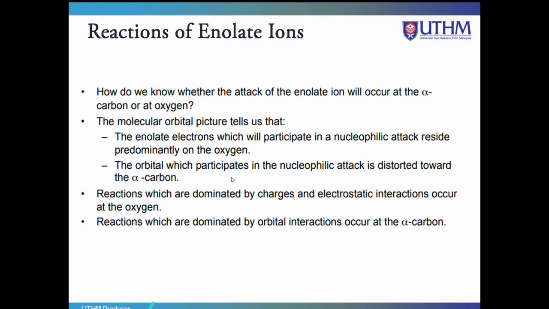The orbital which participates in the nucleophilic attack is distorted toward the alpha carbon. Reactions which are dominated by charges and electrostatic interaction occur at the oxygen. Reactions which are dominated by orbital interaction occur at the alpha carbon.